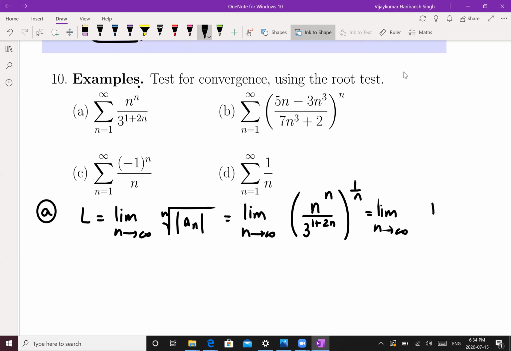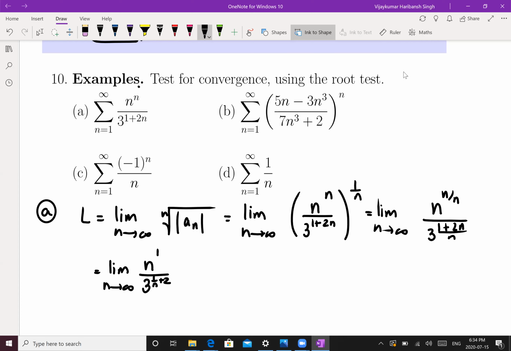So you will have n on top, and on the bottom you'll have 3 to the power 1 by n plus 2.